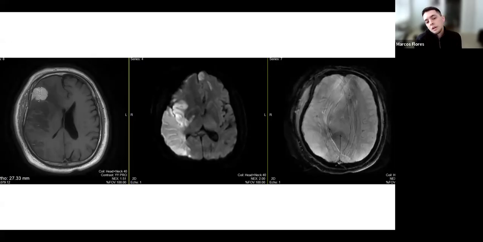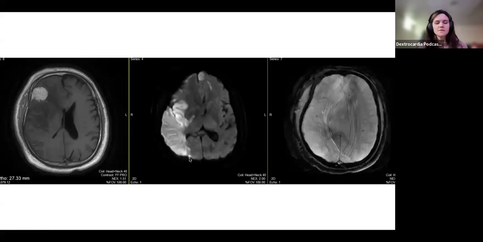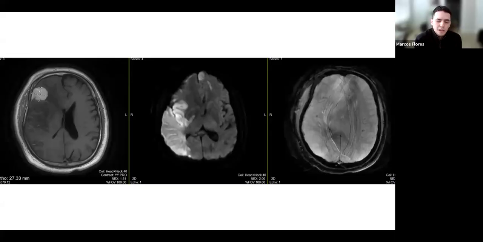And the other one, I believe the one in the middle, is an MRI. Probably that is a diffusion scan. Yes, showing restriction of the diffusion, DWI. Whenever we see that, that part of the brain is not receiving enough flow. That is one of the images that we check.